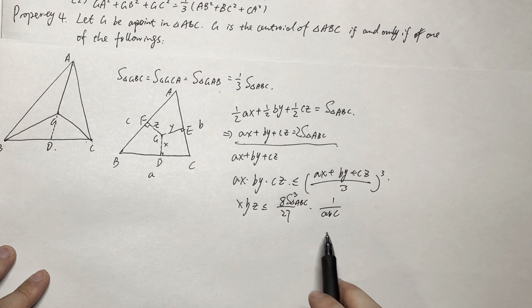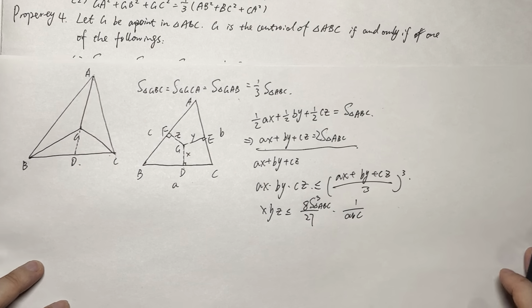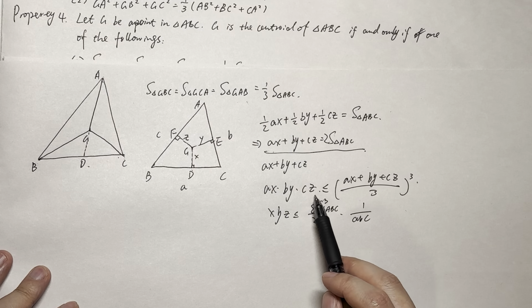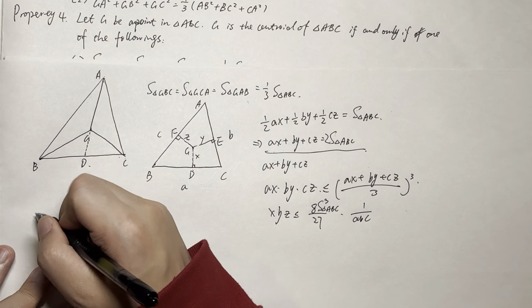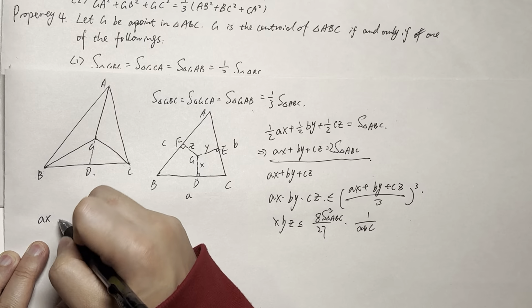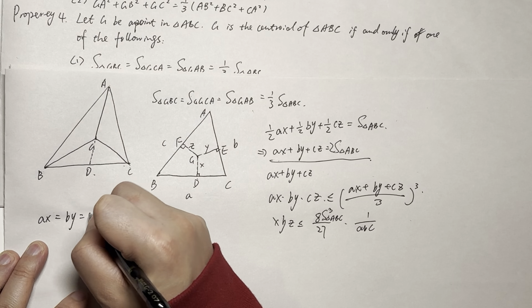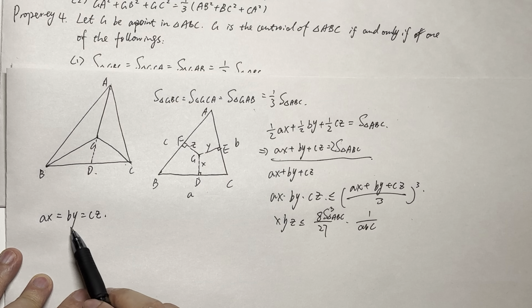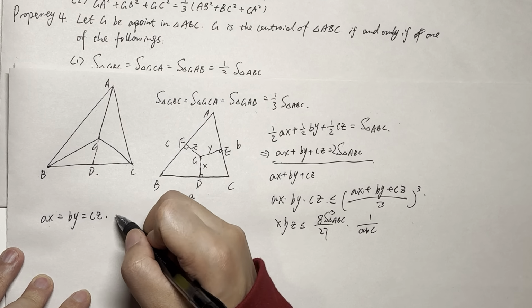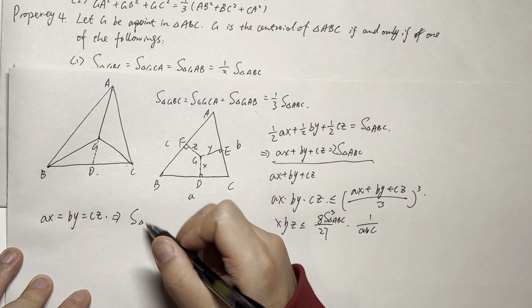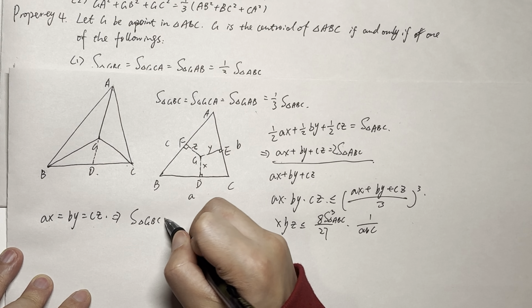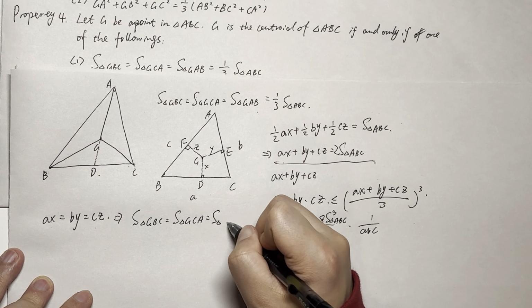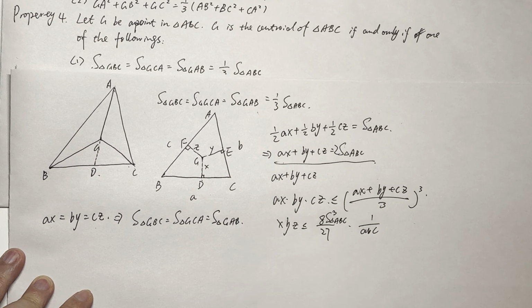And this is valid, I mean ax times by times cz equals this one, only when ax equals by equals cz, right? And if ax equals by equals cz, that means the area of triangle GBC equals the area of triangle GCA equals the area of triangle GAB, right?